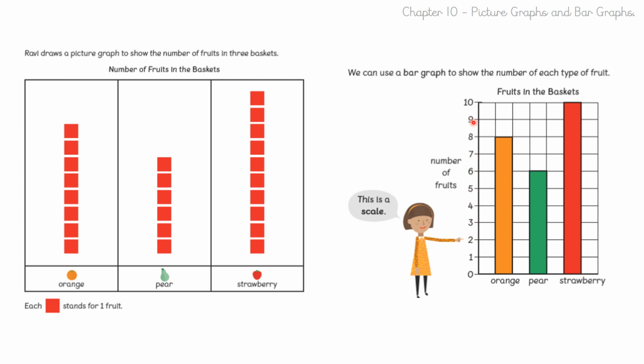That means that we do not need to count all of the squares in order to find out the amount of oranges. We can just look at the bar and at the scale and we can say straight away that there are 8 oranges. We can say straight away that there are 6 pears and that there are 10 strawberries. So that is the main difference, we're going to be able to get the information from the bar graph a bit quicker.